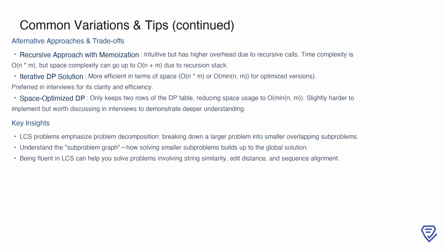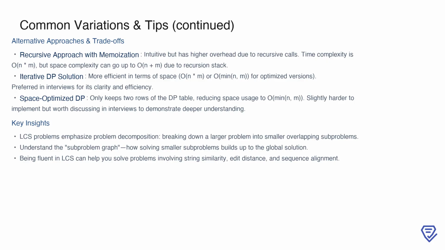On the other hand, an iterative DP solution is more efficient in terms of space and is generally preferred in interviews for its clarity and practicality. For even better space efficiency, you can use a space-optimized DP approach that only keeps 2 rows of the DP table. This reduces space usage to O(min(n, m)), although it's a bit more challenging to implement. Discussing this approach in an interview can reflect a deeper understanding of the problem.